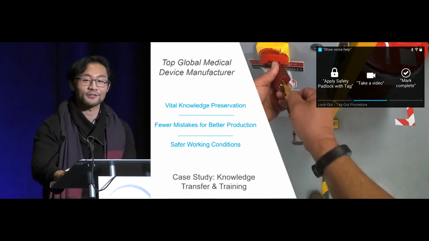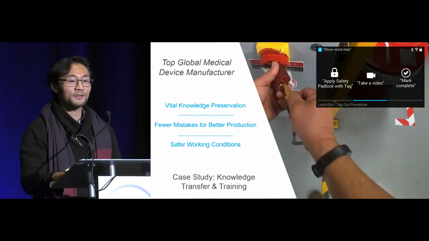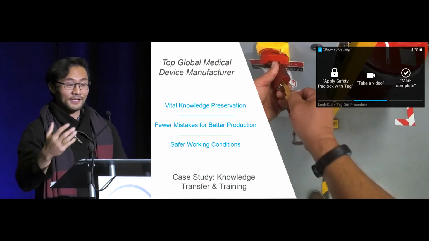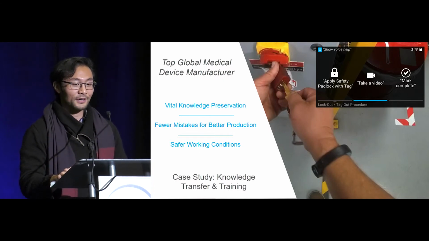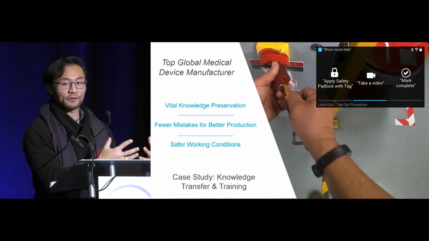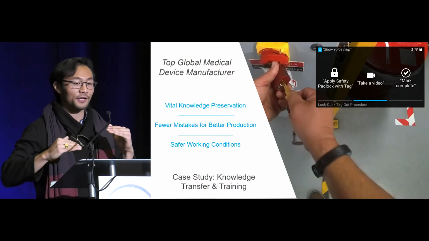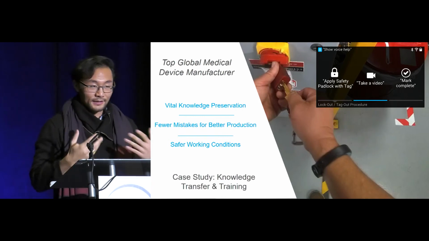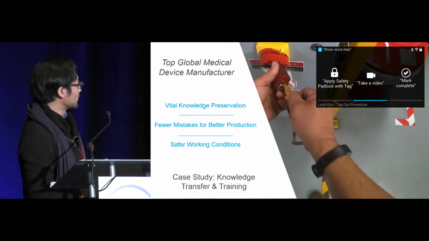You retain their knowledge, and you make sure that that knowledge transfer is smooth. And again, it's the force multiplier, right? It's about taking the idea that you have someone who's really good at their job and making everyone go up to that level. And so that's this particular use case.